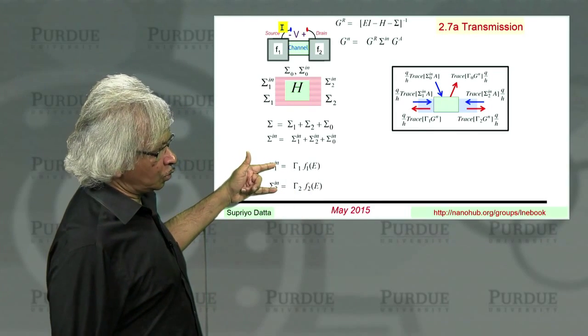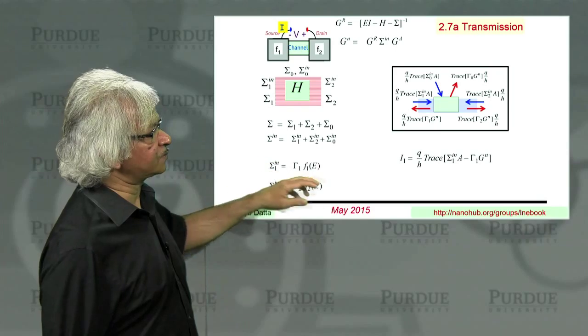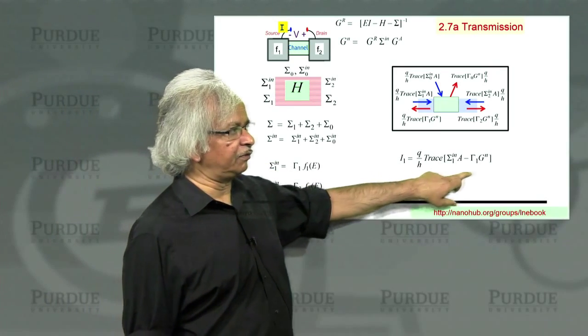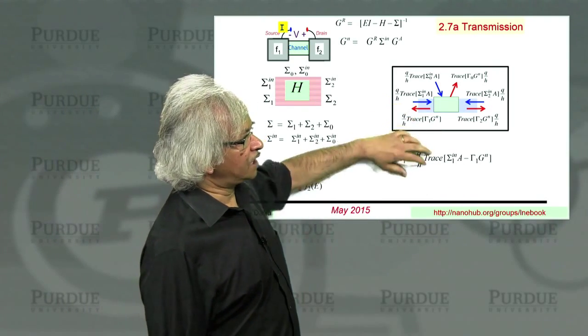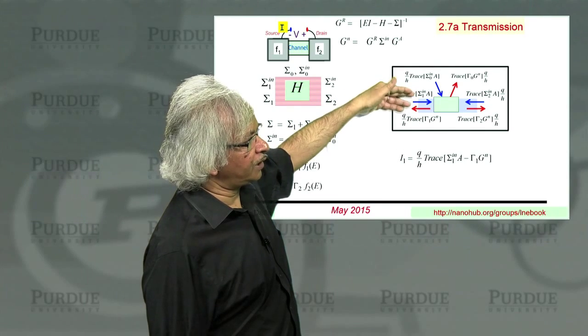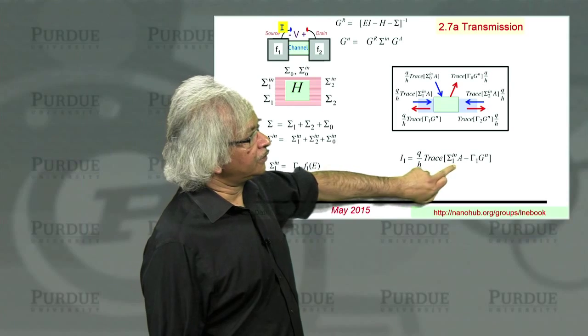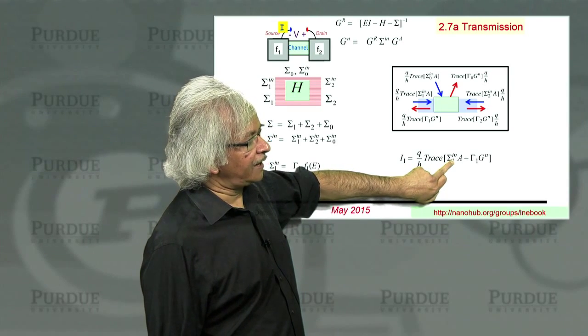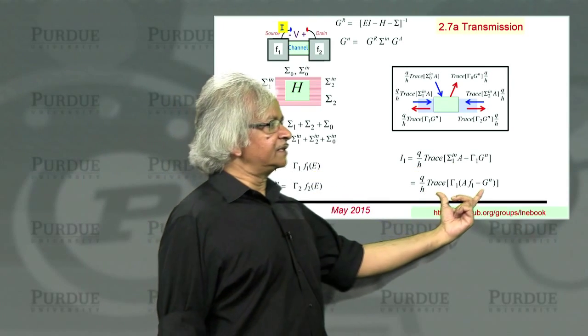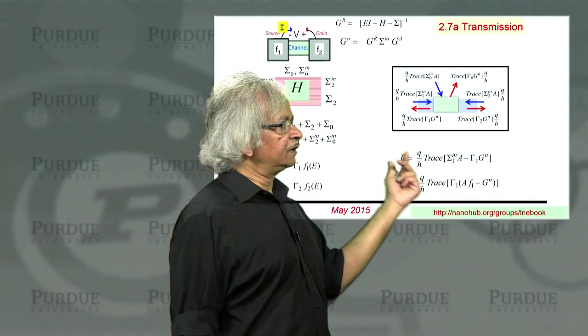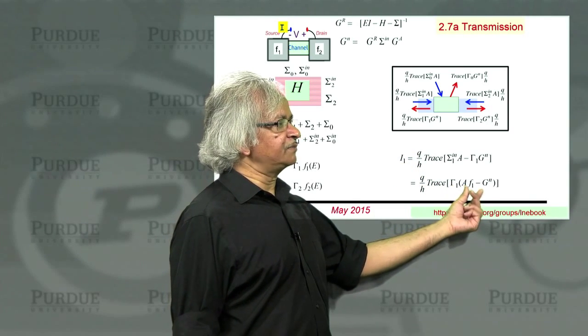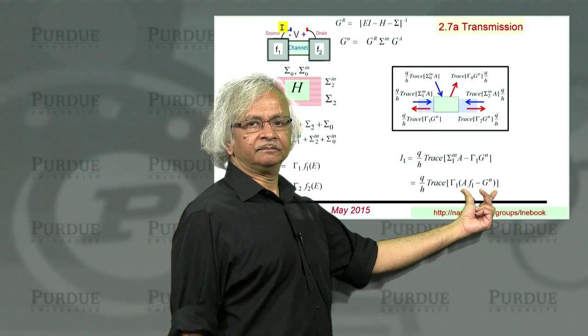Now, if this is true, then you could take our expression for current that we had before, which comes from subtracting outflow from inflow. You get that expression. You could replace the sigma n with gamma f and thereby get this expression for current. It's trace of gamma 1 times A F1 minus Gn.